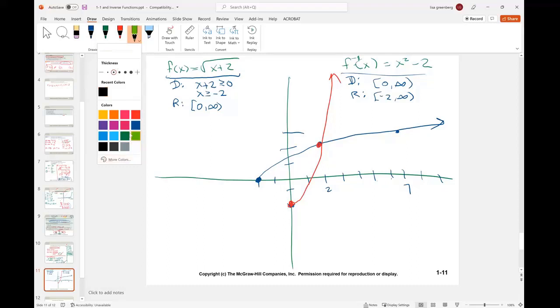Let's make it that color. So if I were to draw my y equals x, notice how those are symmetric around that line. And they meet right here because that point is (2, 2). And it has to meet there. So that's basically that.